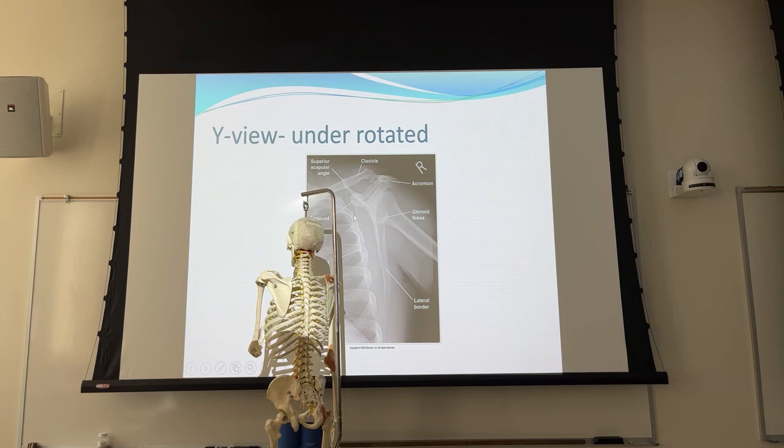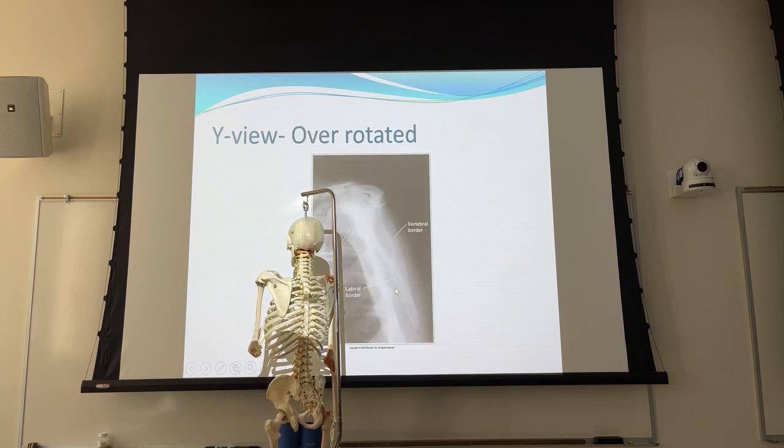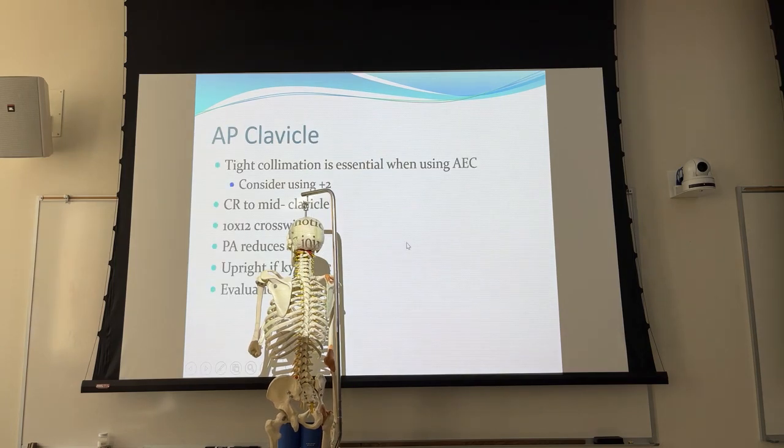Notice how puffy it looks as opposed to the vertebral border, which is just a nice thin line. And we've got over rotation, and it looks like we've even got a little bit of quantum mottle going on here. So probably what happened is a lot of the photocell was exposed to direct radiation, and it shut off the exposure really quickly.